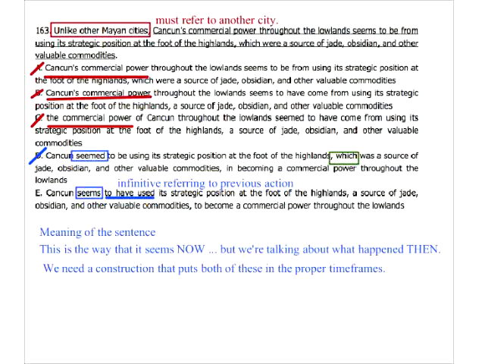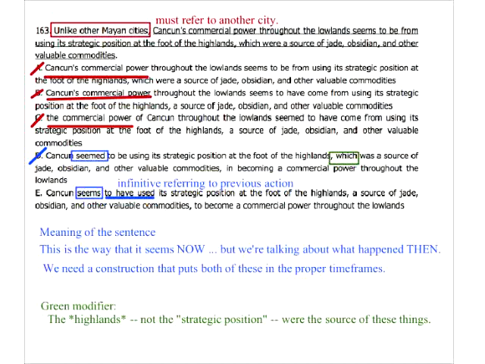Text box, please. Yeah, exactly. This modifier needs to be talking about the highlands themselves, not the strategic position. The highlands were the source of these things.